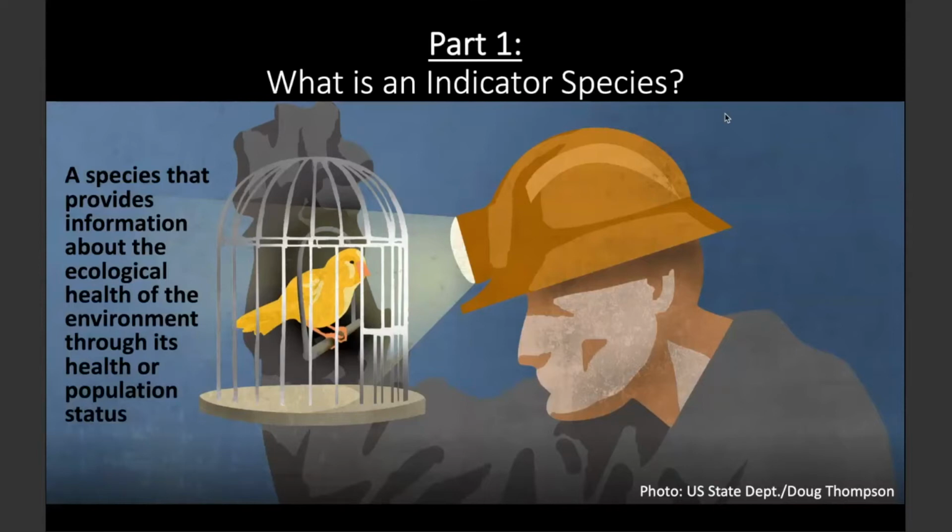And so they would bring in a canary that was also susceptible to the same noxious gases to indicate when those gases filled up in the mine. And when that canary died or got sick from those gases, it would provide some information to those miners about the health of that environment. So again, an organism or a group of different organisms that can provide some information about the ecological health of the environment.